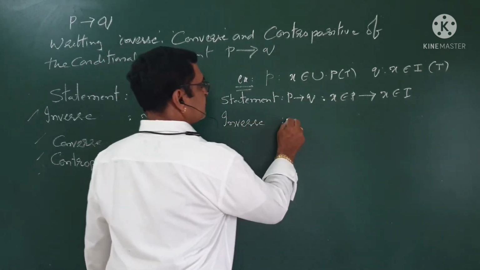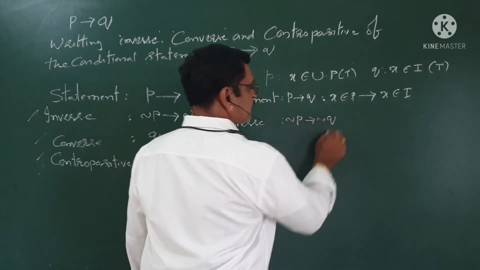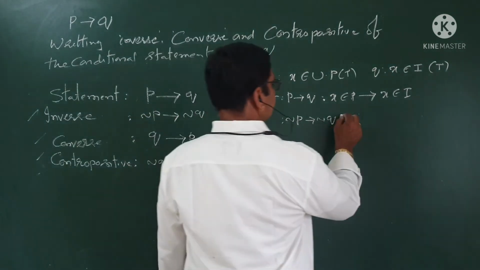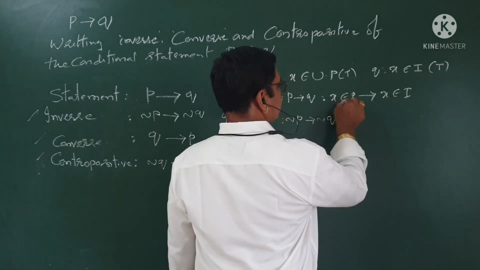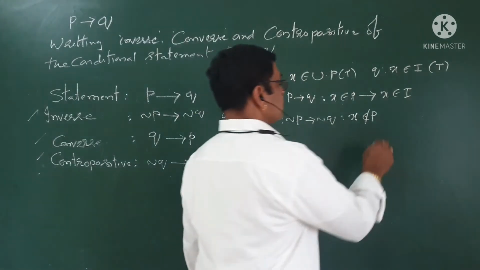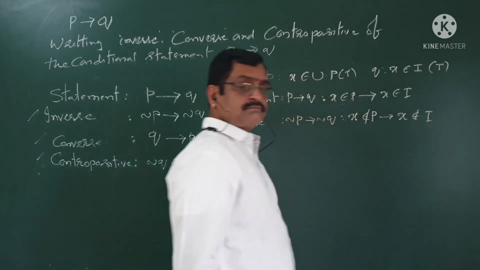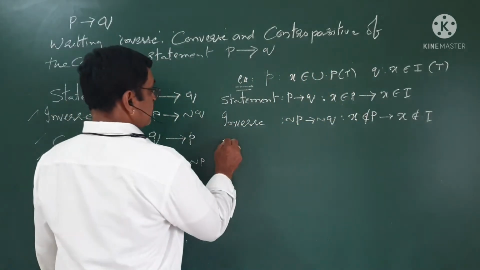Next one, I go for inverse, which is nothing but negation of P implies negation of Q. How do you write it? Very simple, you simply write the negation of the statement: x does not belong to UP implies x does not belong to India. Next, come to converse.